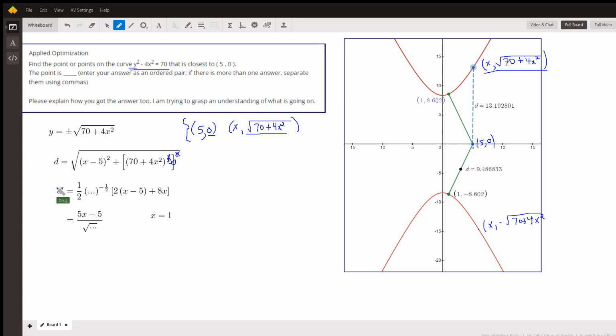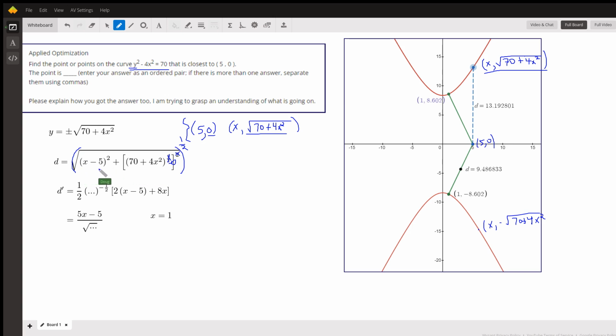So now if we take the derivative of this function, picturing this radical as the function raised to the 1/2 power, we'll move the 1/2 down front. Here's the expression inside the parentheses. Reduce the exponent by 1 to minus 1/2, then multiply by the derivative of the inside.